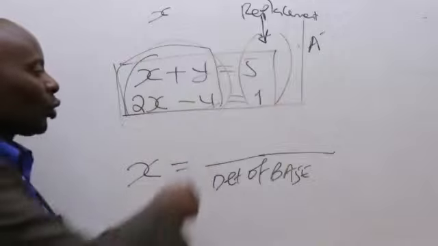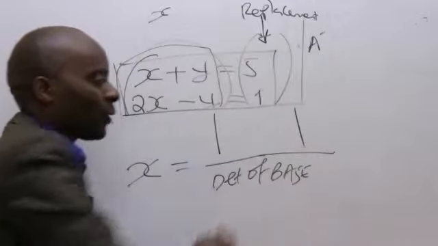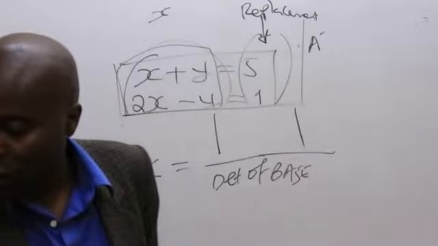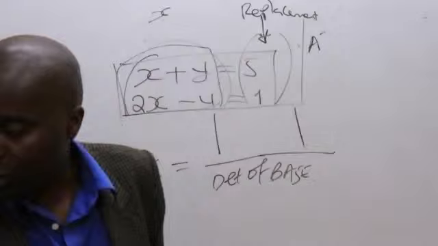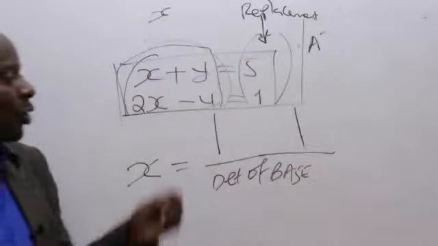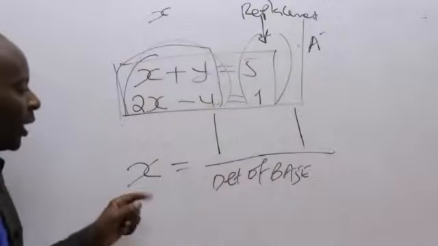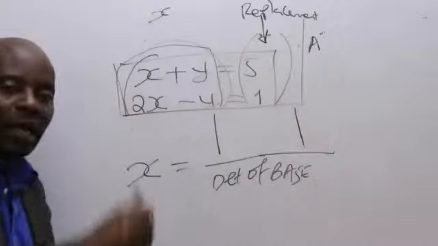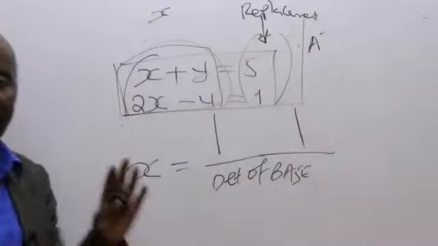Listen to me very well. How do I construct my numerator matrix? To construct my numerator matrix, ladies and gentlemen, what I will do is to understand this, that if I'm after x, the column of x must disappear.